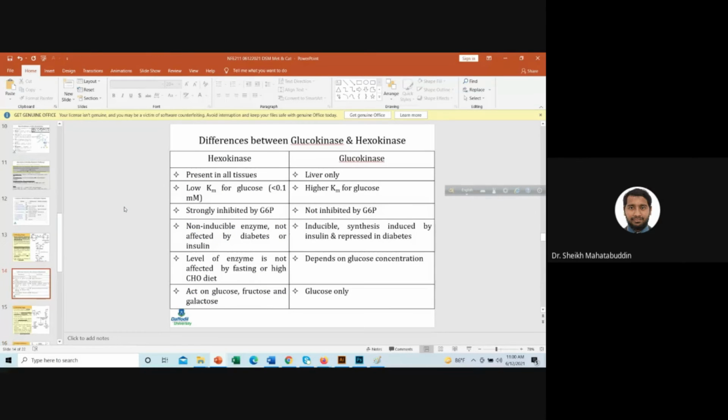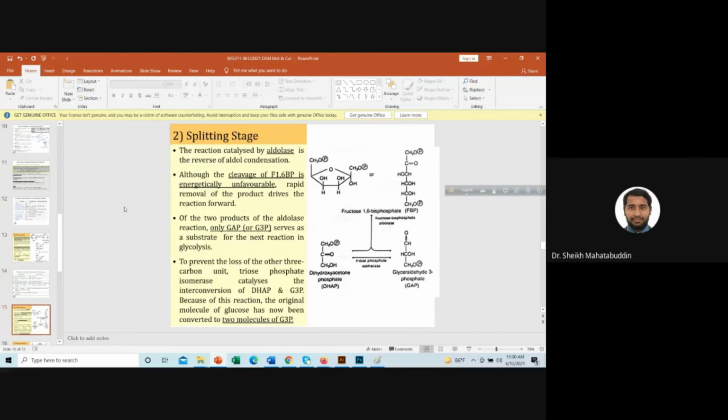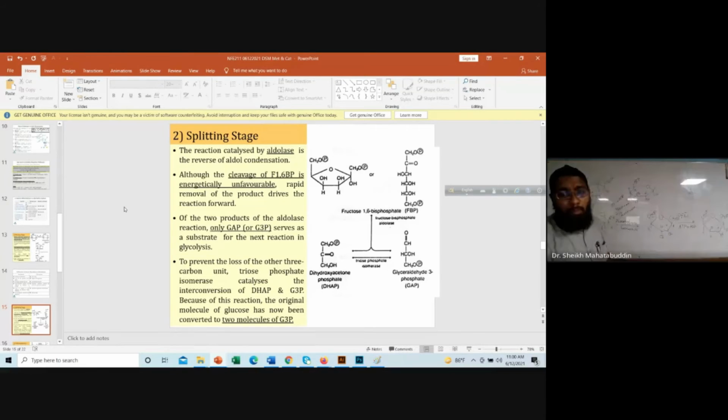And then for stabilization, it goes for splitting up, and it is split in the center and produces 1, 2, 3, 1, 2, 3: three-carbon, two different compounds. It could be dihydroxyacetone phosphate or glyceraldehyde 3-phosphate.